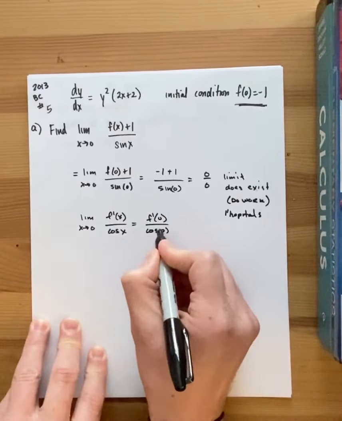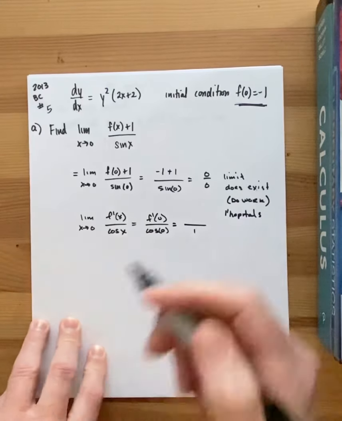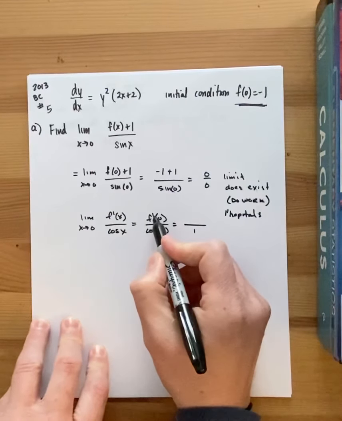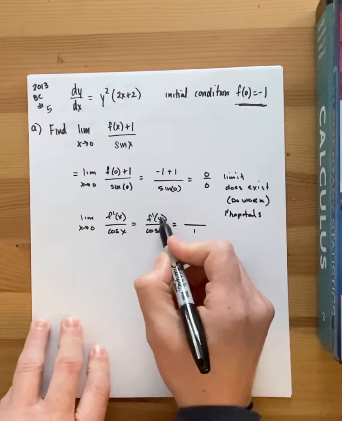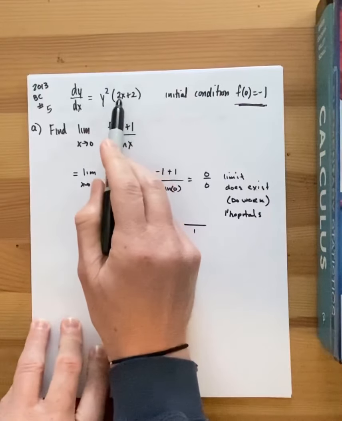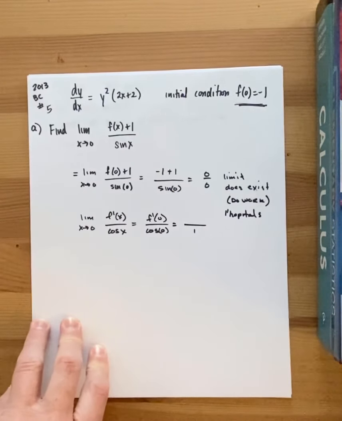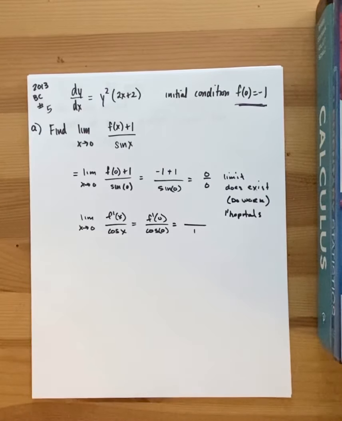Now, how do we get the derivative? Well, we know f prime of 0, you're going to plug in 0 into the derivative. But one thing is, what would our y value equal in this situation?